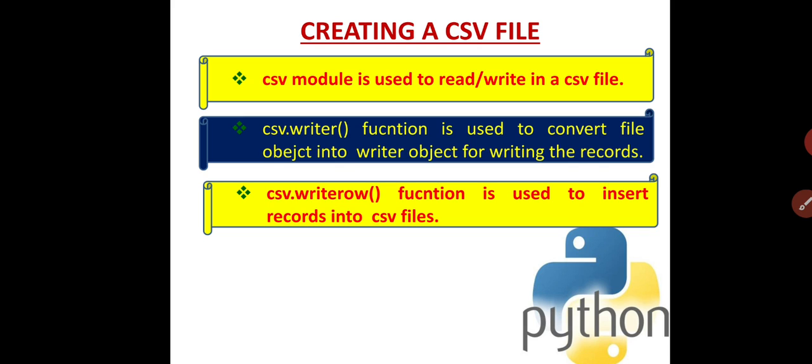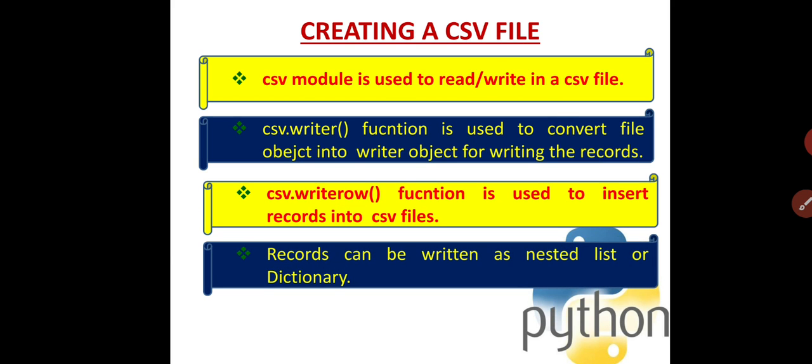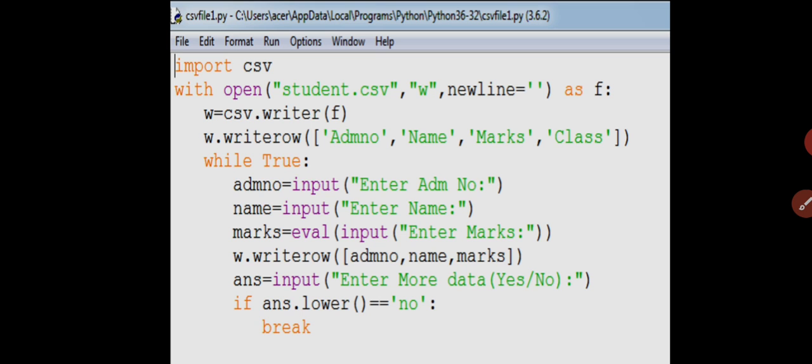So in a CSV file, to write rows or records into the file, we use the writerow function. Records can be written as a nested list or dictionary. So to write the records, we can use a list as well as a dictionary. Now I am going to explain with the help of a program.